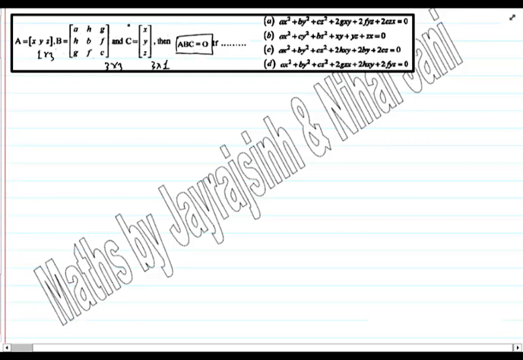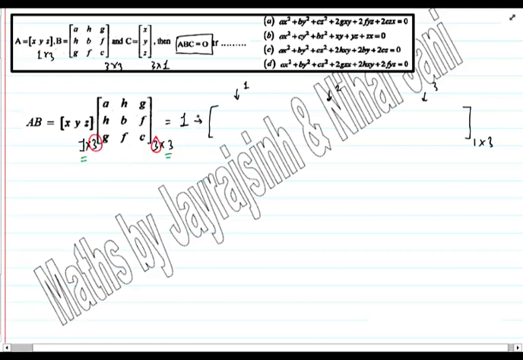To get this condition, we have to multiply A with B, and then we will multiply the resultant matrix with C. Okay, so let's start without wasting time. A with B. A is of order 1 cross 3 and B is of order 3 cross 3. They satisfy the necessary condition for multiplication, and it is obvious that the answer will be of order 1 cross 3, which means the resultant matrix has 1 row and 3 columns.